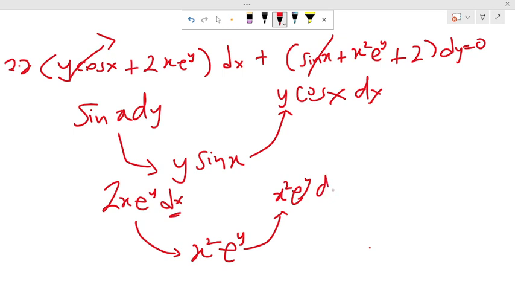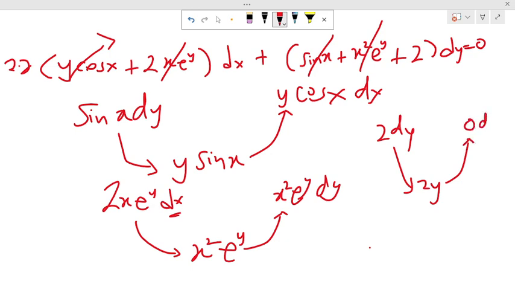So dy. Now you can see this and these two in the two expressions, that one too cancels. Now we are left with only 2 dy. So we will integrate with respect to y, then we get 2y. Then when we are done, we differentiate with respect to x, then we get 0 dx.